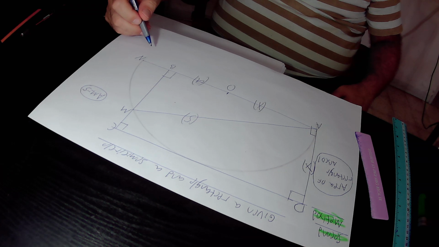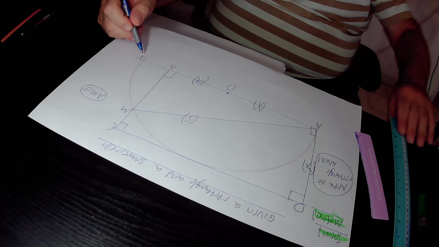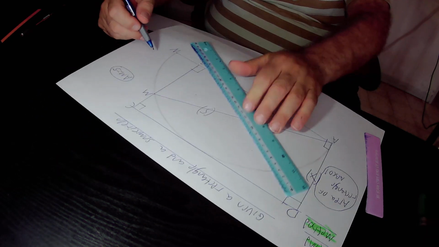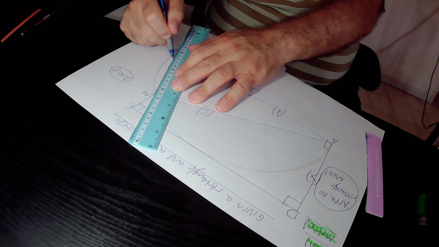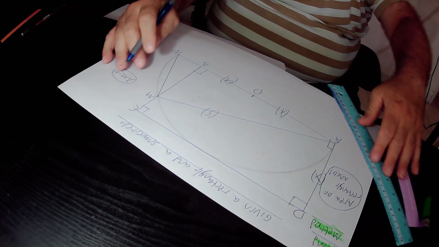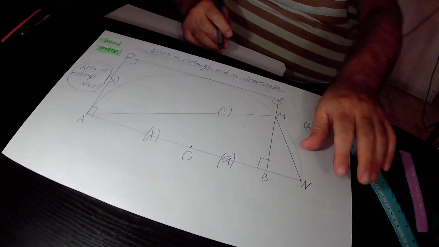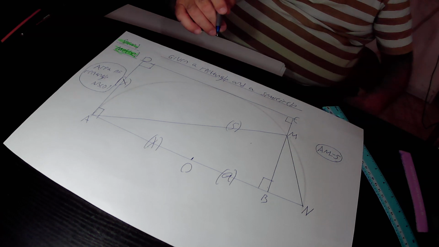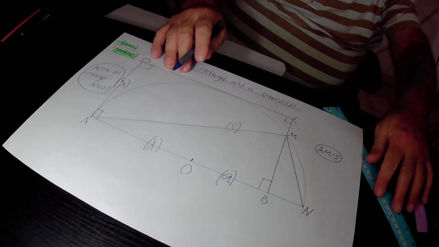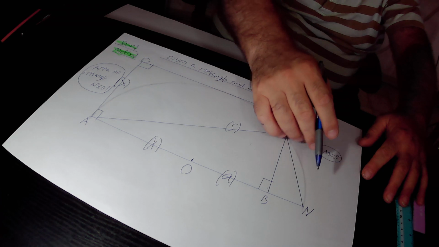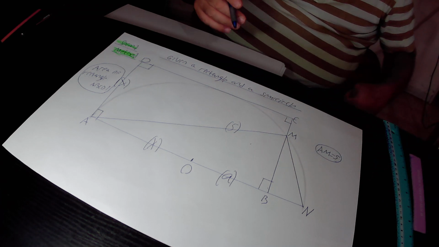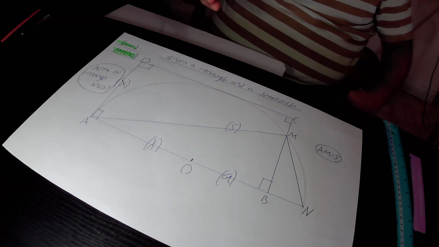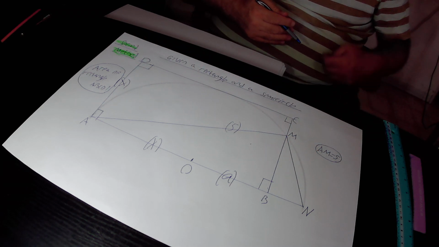In the next step, we join points M and N together by a straight line. By joining points M and N, we can get the peripheral angle AMN. This peripheral angle MAN subtends on AN, that is the diameter of this semicircle.